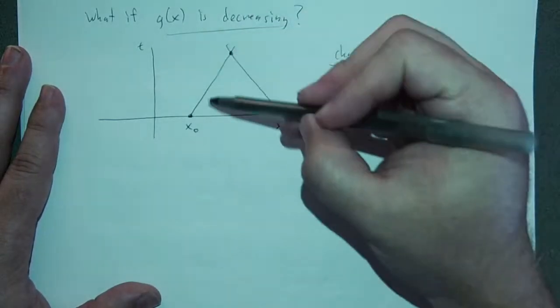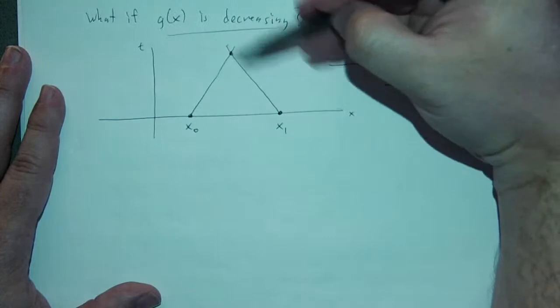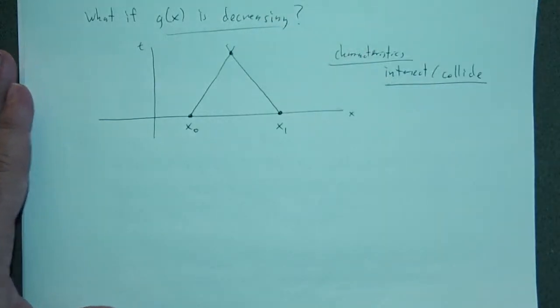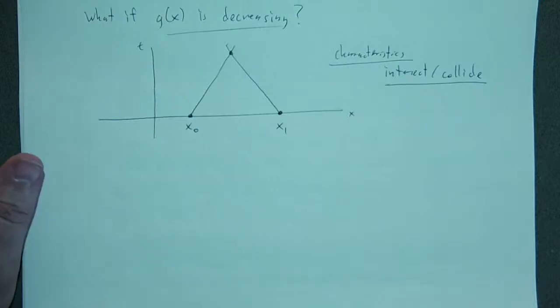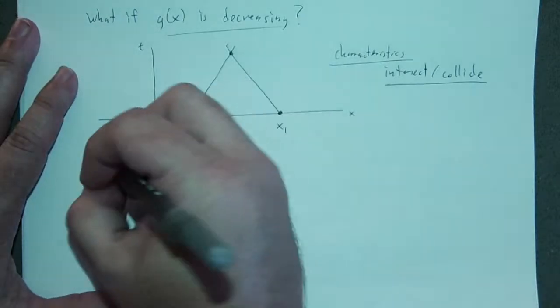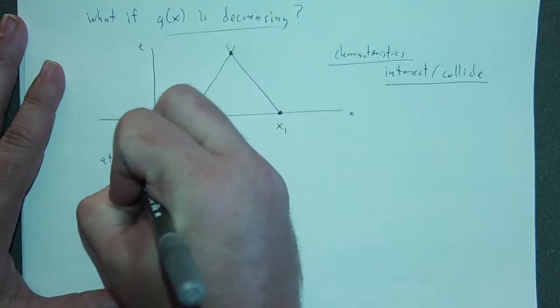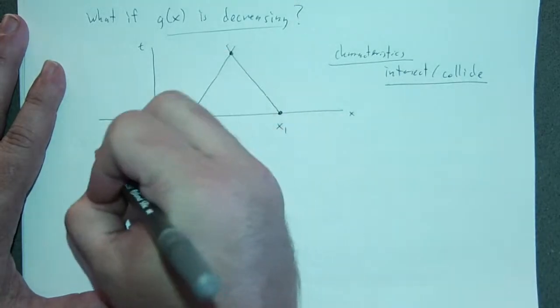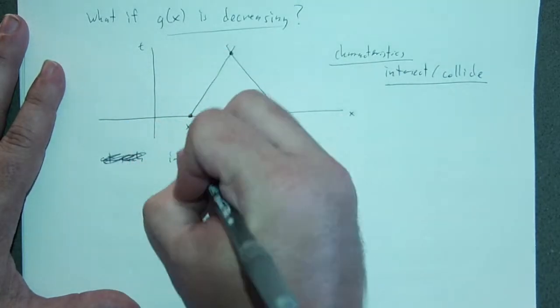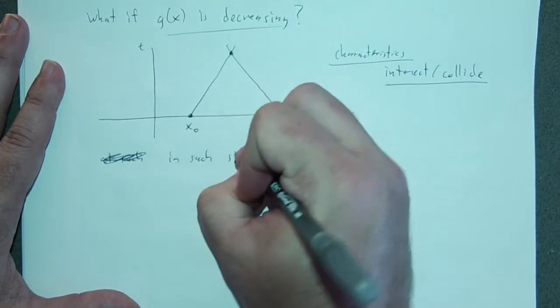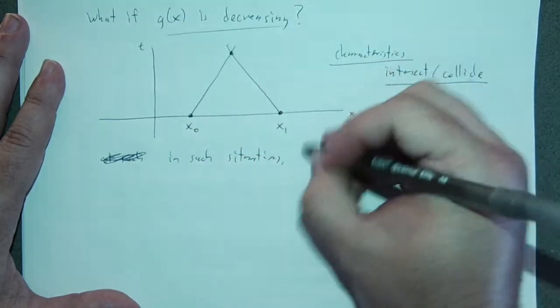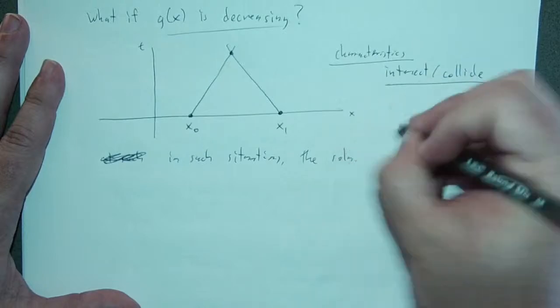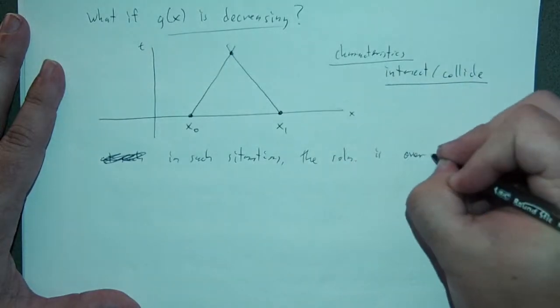So at this point, not only does it have to have this value, it has to simultaneously have this different value. Your solution is multi-valued. Your solution is over-determined in such situations.